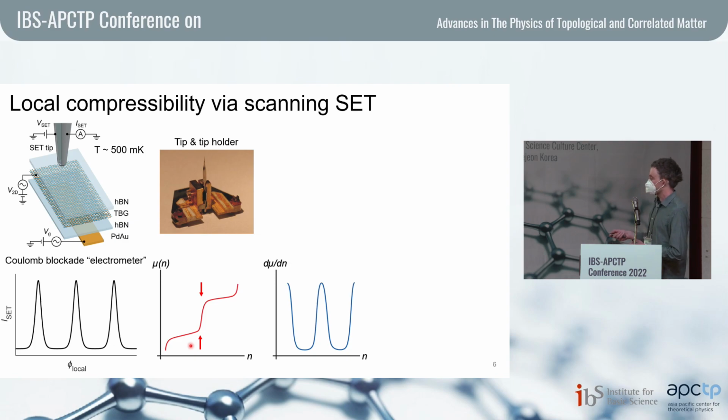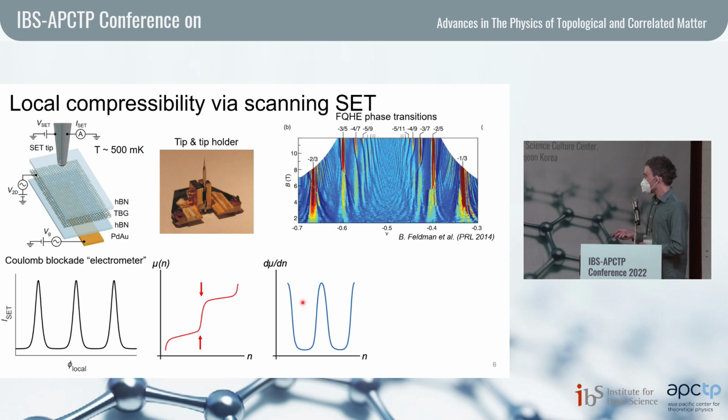In practice, we will make use of an AC lock-in technique, so we measure not mu of n, but instead d mu dn, the derivative with respect to density. I'm showing you this because we'll see many plots of this quantity. If we're looking at d mu dn, then any peak in that quantity corresponds to a gap state. We'll use this principle to interpret the phase diagrams of twisted trilayer graphene that we observe. Okay?